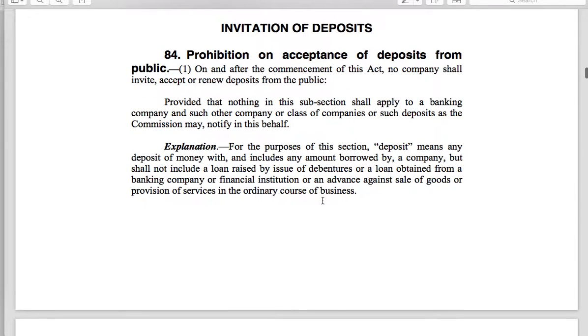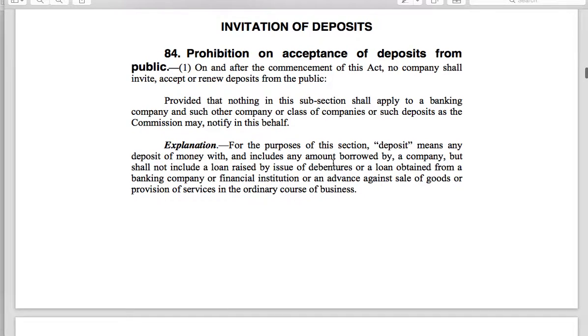Now, no company can invite the public to deposit money with them. There is a clear prohibition except for banking companies. And banking companies, though they are companies, are regulated under the Banking Companies Ordinance 1962. And you are watching the Companies Act 2017, which regulates most of the companies.